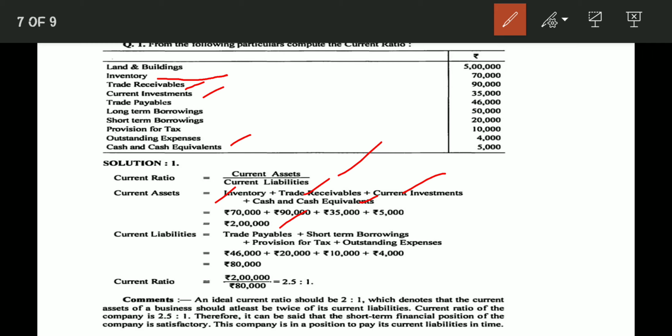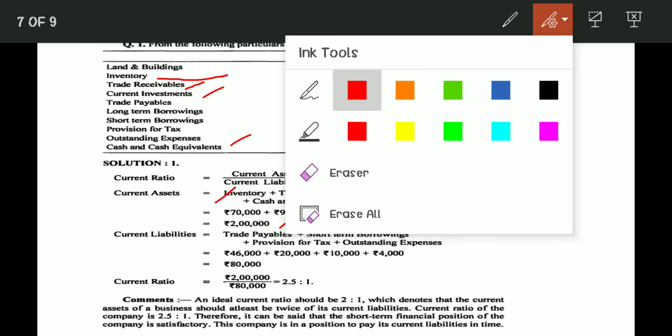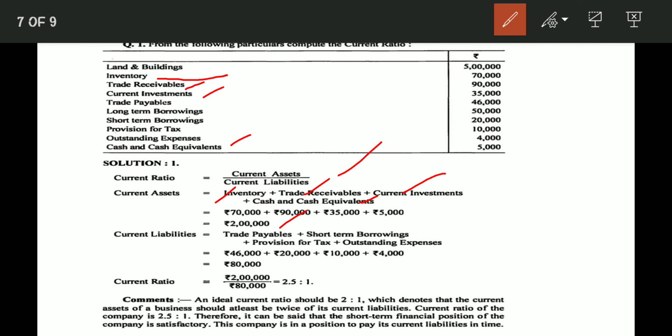Now how do you calculate current liabilities? Current liabilities can be found the same way you calculated current assets. Current liabilities are trade payables, short term borrowing, provision for tax, and outstanding expenses. So current liabilities are 80,000.